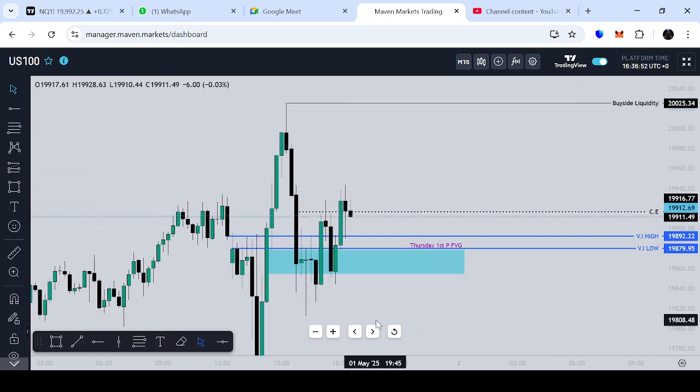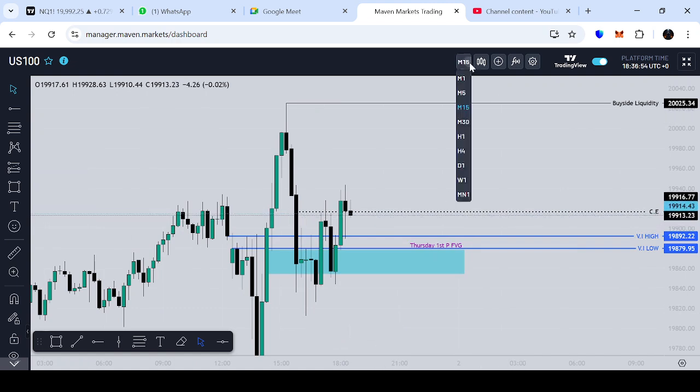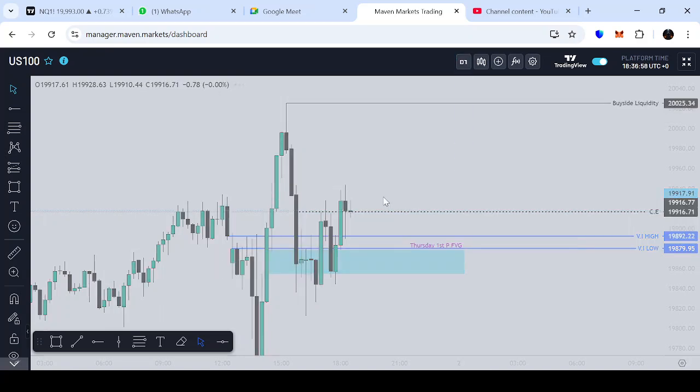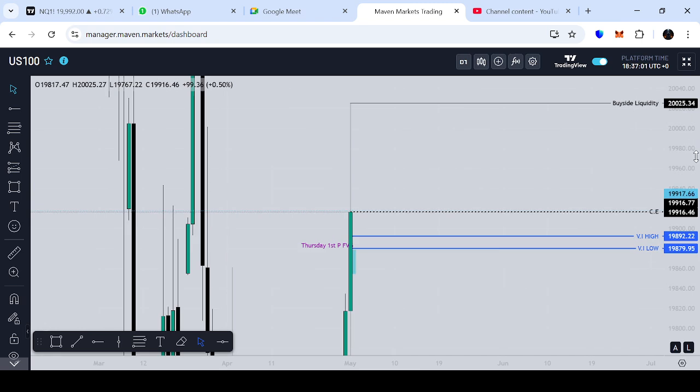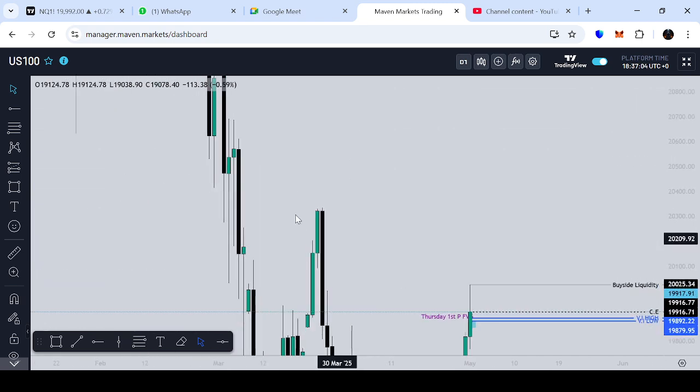In the daily time frame, we have a high, a buy side liquidity resting above, this daily buy side liquidity.